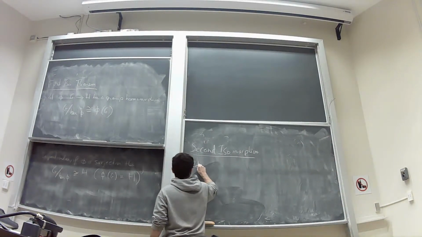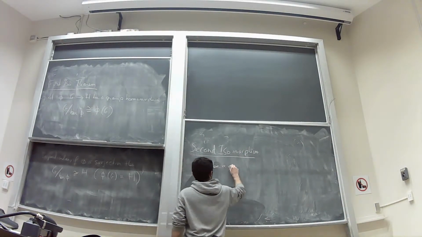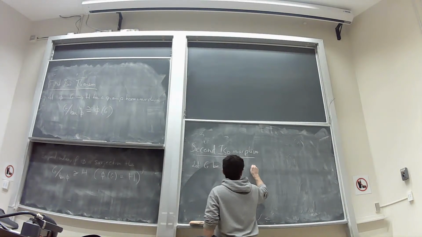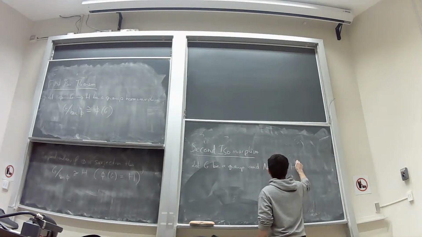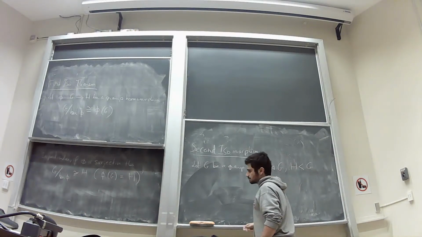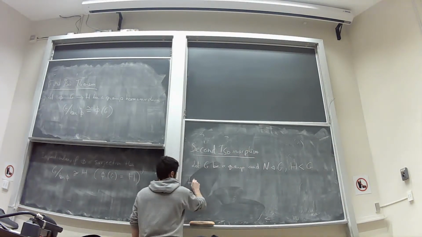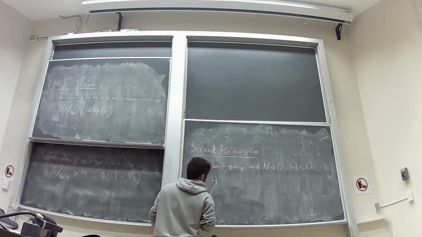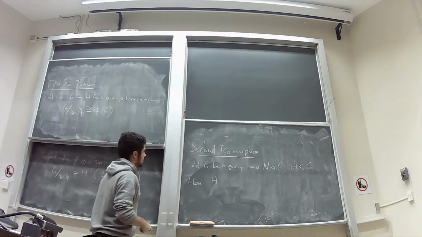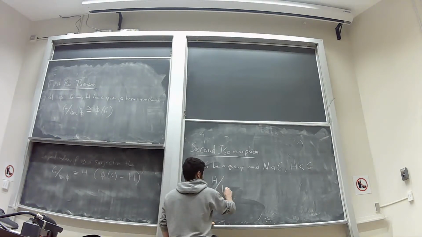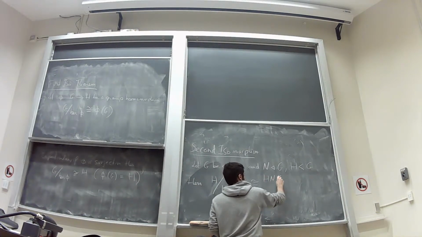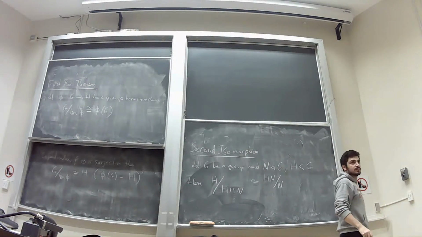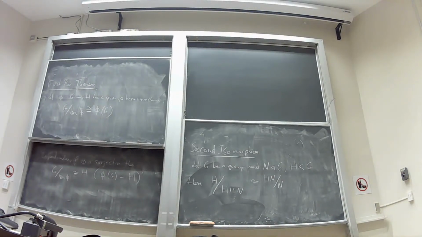Let G be a group, N a normal subgroup of G, and H a subgroup of G. Then H modulo H intersection N is isomorphic to HN modulo N. This is the second isomorphism theorem.